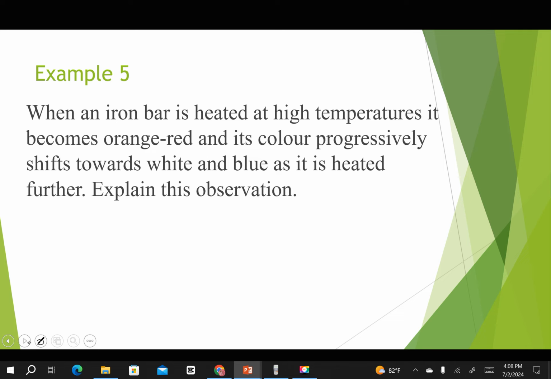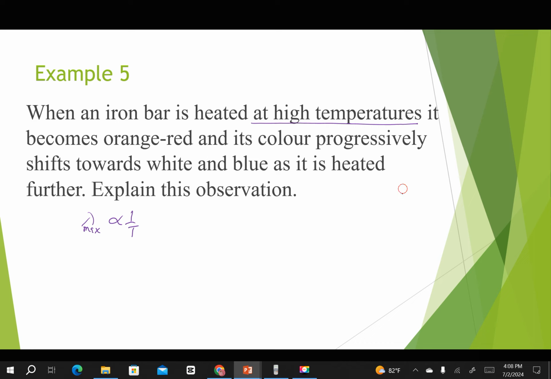Remember, according to Wien's displacement law, the wavelength at which maximum intensity occurs is inversely proportional to temperature. So as the temperature increases, the wavelength at which peak intensity occurs decreases.